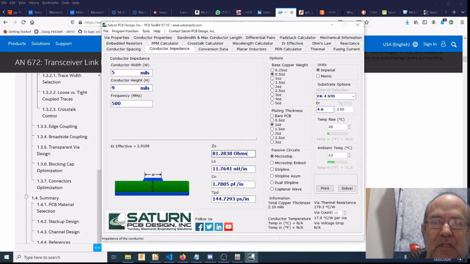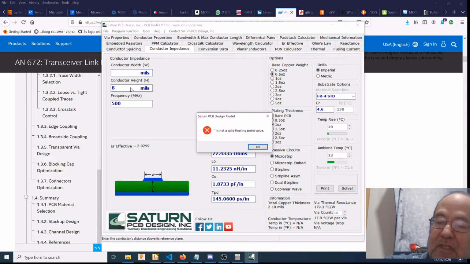The characteristic impedance at this point in time is 81 ohms. Should I go down from 9 mils to 8 mils on the stack up for H, and I solve, it comes down to 77.